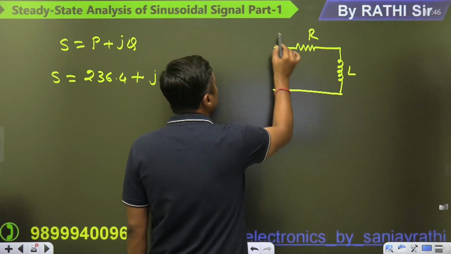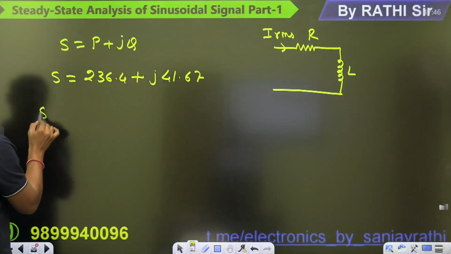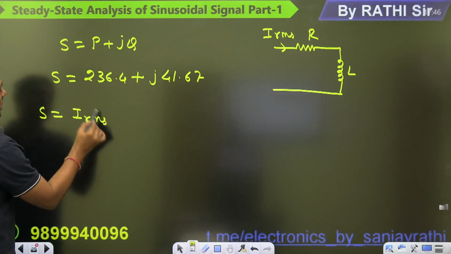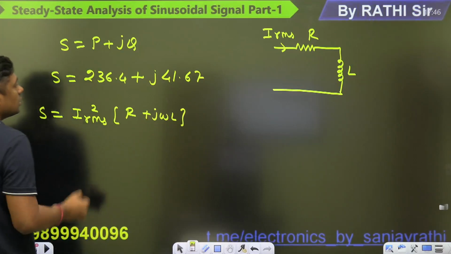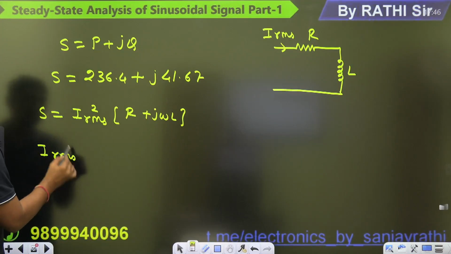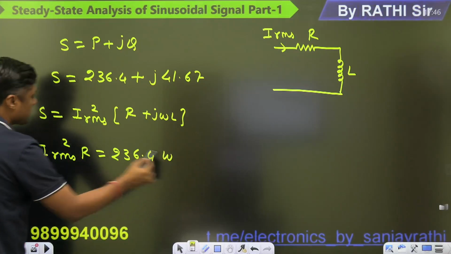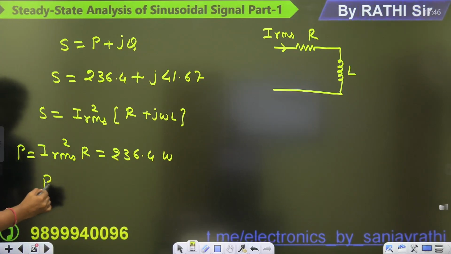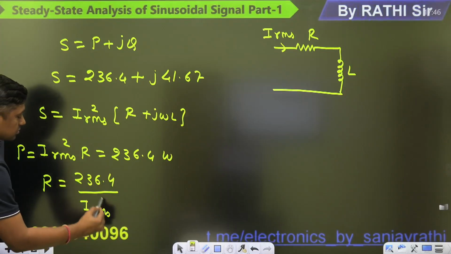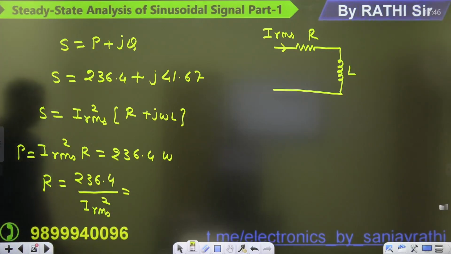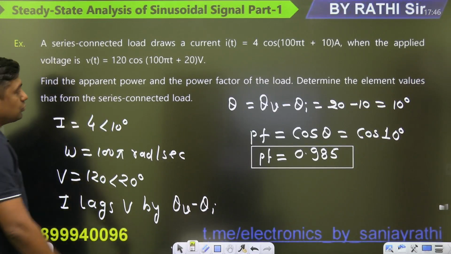Yes, we can find them, because the complex power is nothing but Irms square into Z, where Z is R plus j omega L. Now you can compare: Irms square R is equal to 236.4, which is nothing but P. So the value of R is 236.4 upon Irms square, where Irms is 4 by root 2.